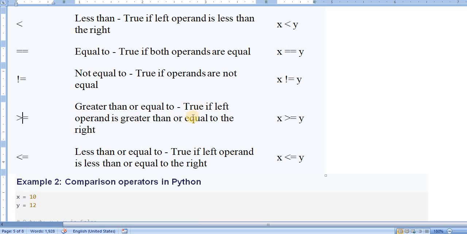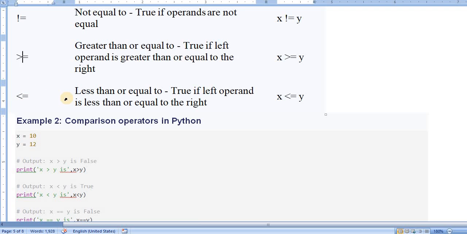So greater than or equals to is true if the left operand is greater than or equal to the right. So x is greater than or equals to y: if the value of x is greater than y, or the value of x is equal to y, in both cases it will return true.